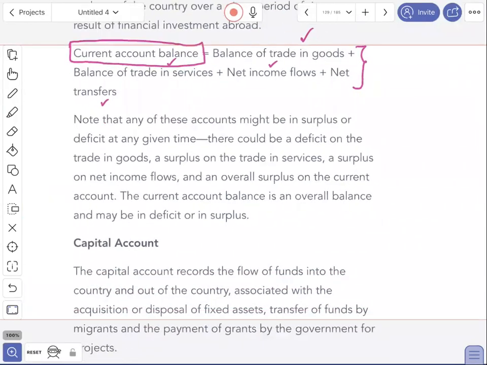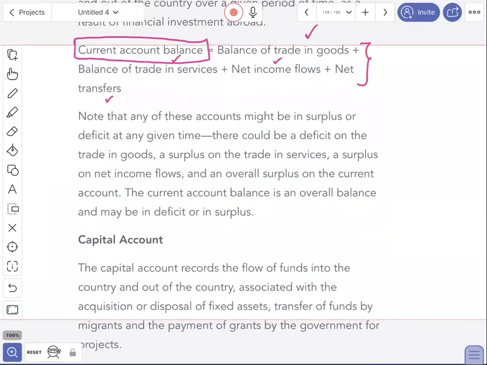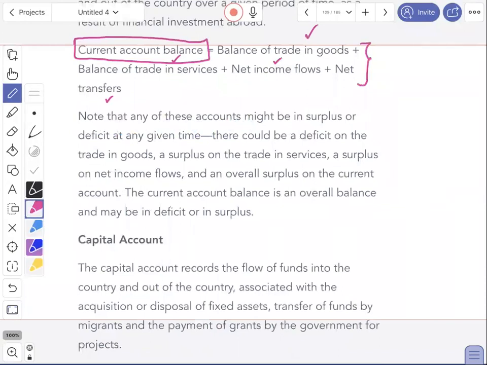Okay. Now comes an important part. Note that any of these accounts, like balance of trade in goods or whatever, can be in surplus or deficit anytime. There could be a deficit in the trade in goods, a surplus in the trade in services, a surplus in the net income, and an overall surplus in the current account.